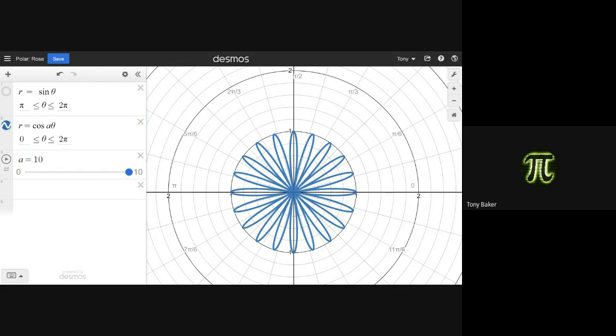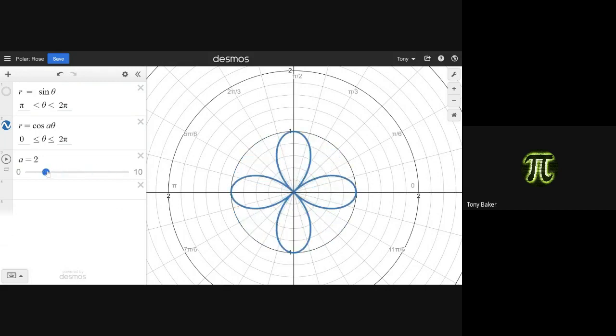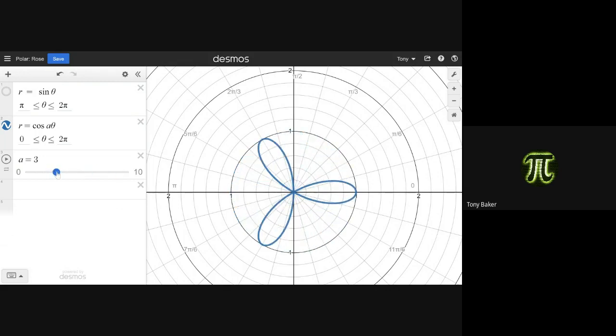In essence, like I said, they're all doubled. So for 10, there's 20 leaves there. For 9, there's 18 leaves there. They're just on top of each other. So it's the even ones where you're going to see them all. The odd ones are 0 to pi.